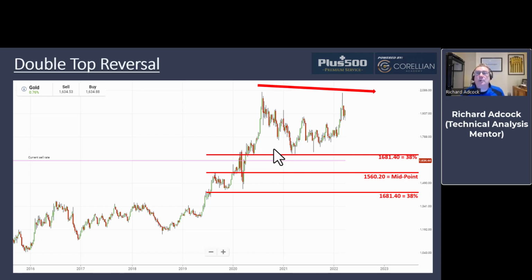We've then subsequently seen and marked this as a weak test of the previous high, for which the market has failed, rejected, and now closed below not only the neckline of this potential double top, but also the 38% retracement of the last bull run. So it's looking very much as though activity over the last 2 years within the price of gold could well be reflecting quite an important sentiment shift.